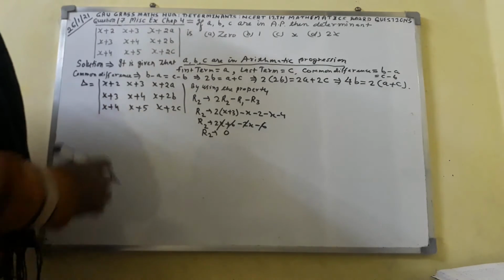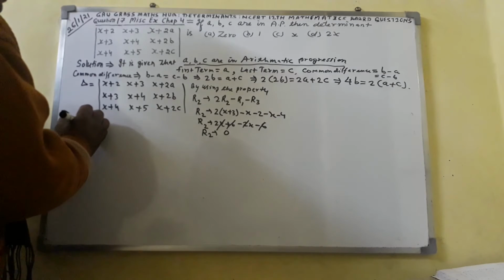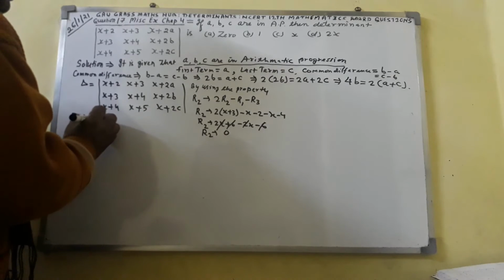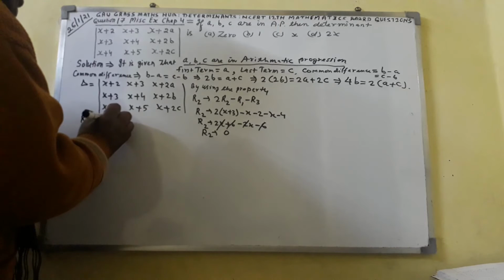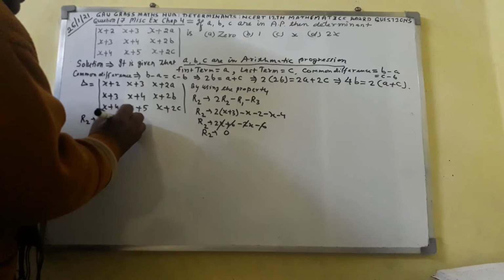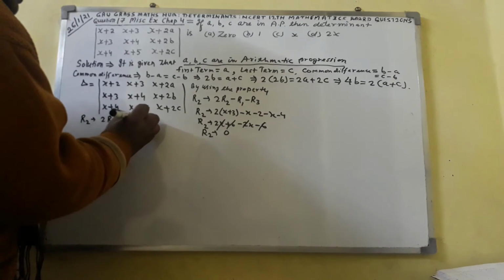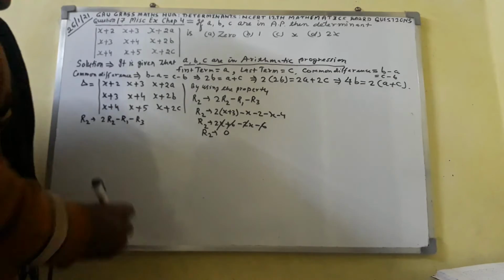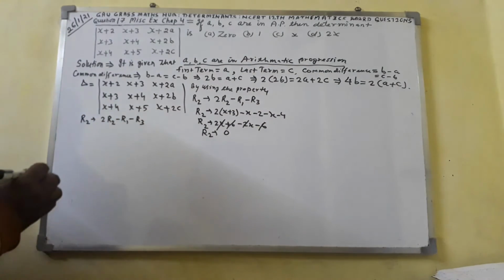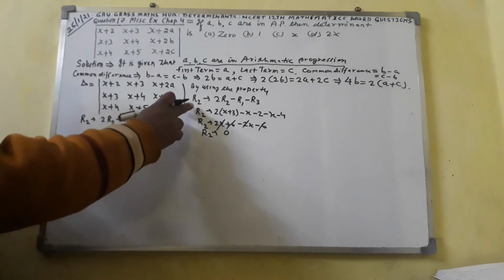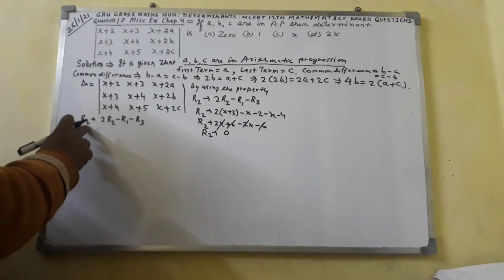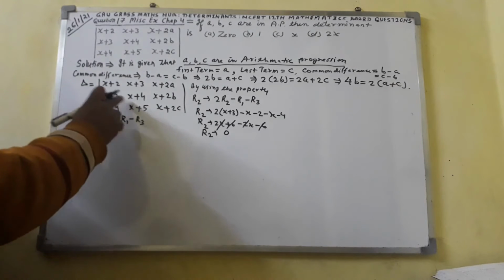So by using the property R2 goes to 2 times R2 minus R1 minus R3, changes will occur only in the second row.